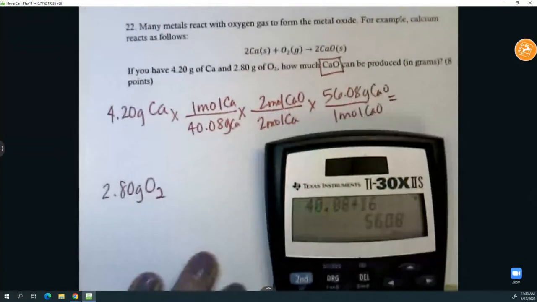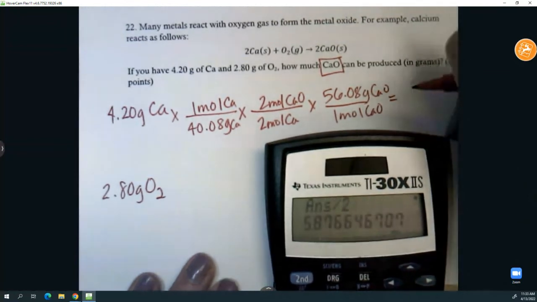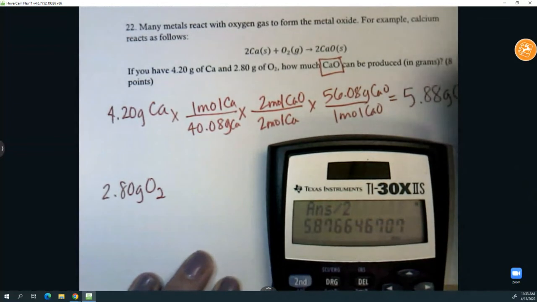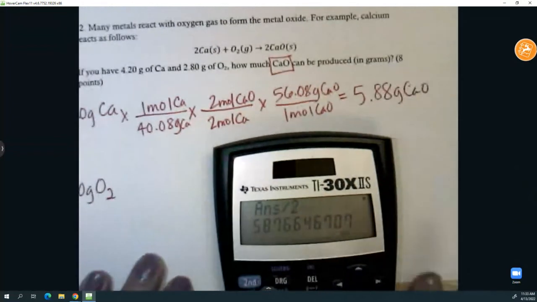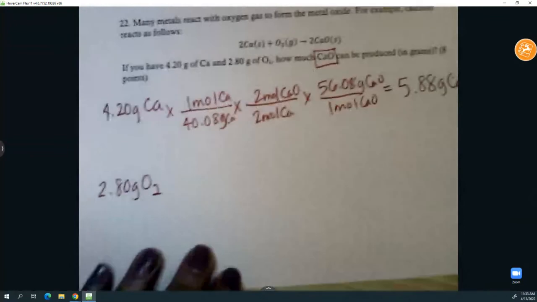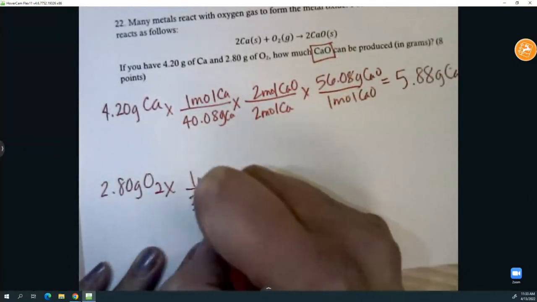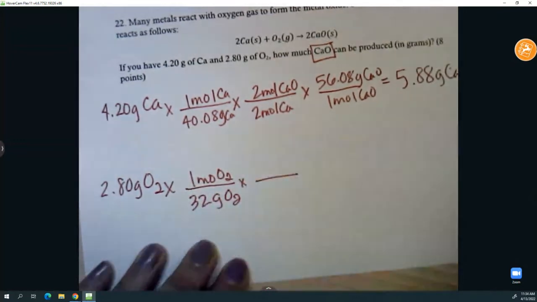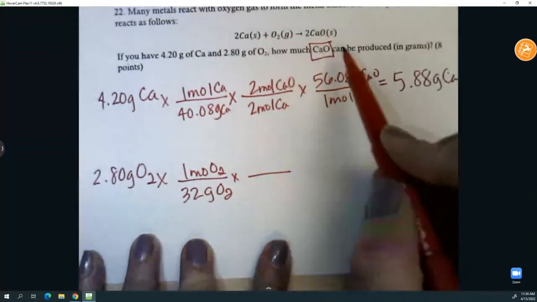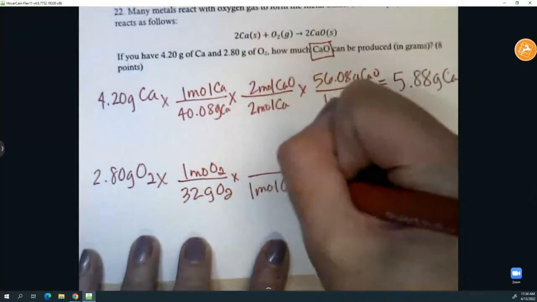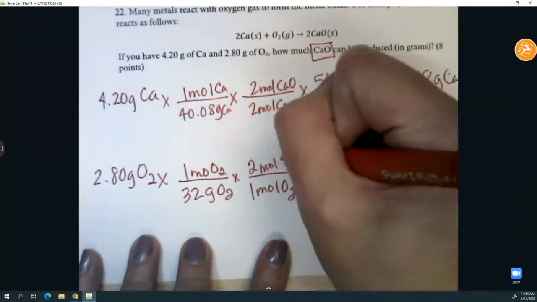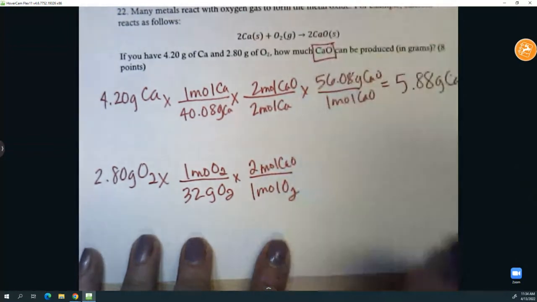And now I'll just put that in my calculator. I have 5.88. And now I'll just do it again for oxygen. All right, so starting with molar mass, now I need to do the moles to moles conversion. Now you can see it's even more important that I have the what it is in the right place, because last time it was just 2 and 2, but this time it's 2 and 1.